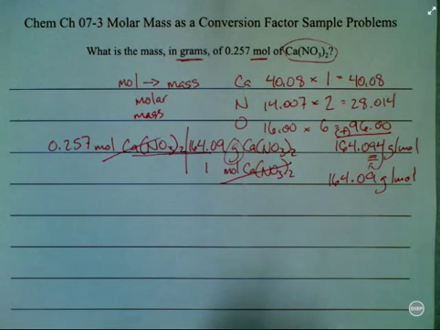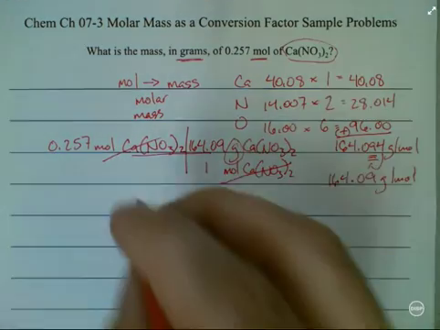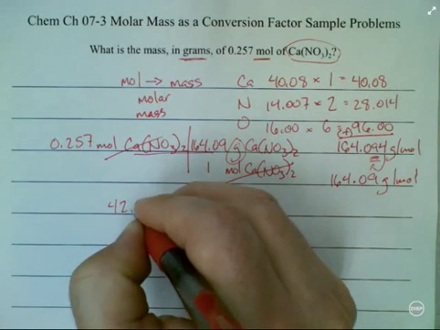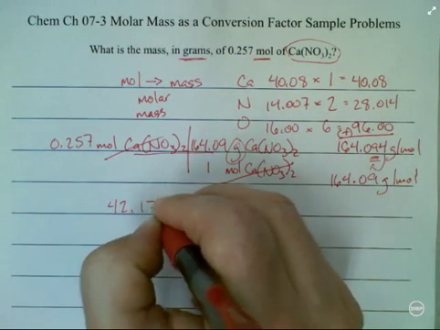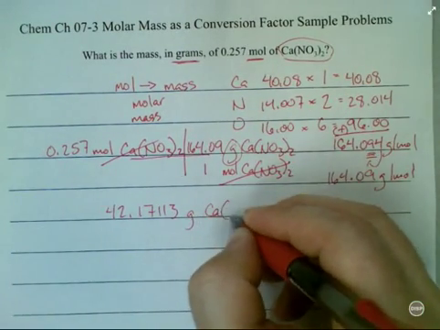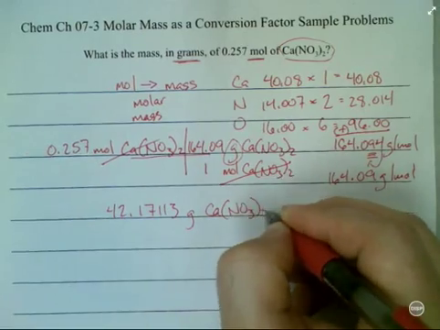So never skip the setup. Never try to do this in your head, because at some point you're going to get one of these wrong. So the calculator has told me that the answer is 42.17113. And our units will be grams of calcium nitrate.